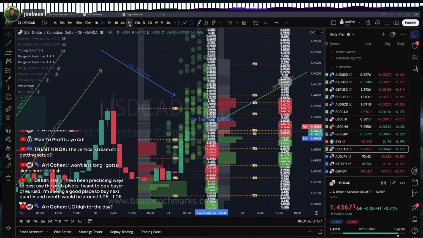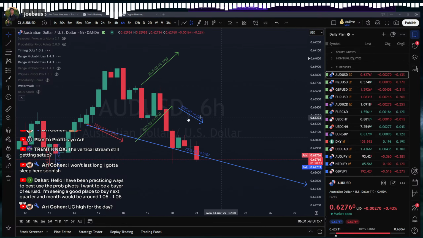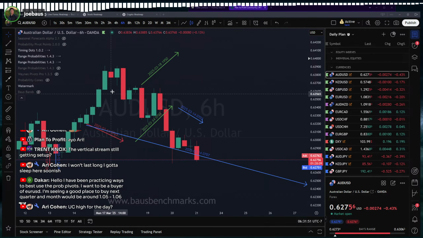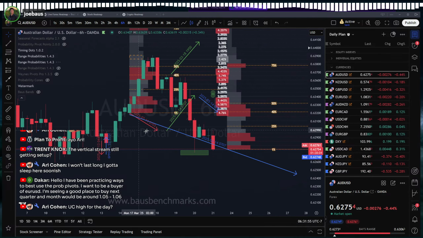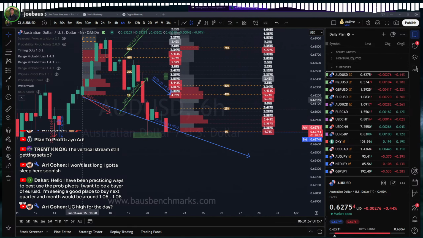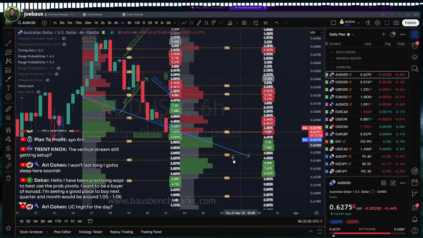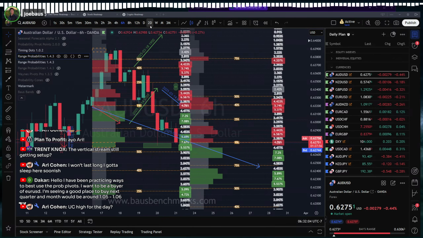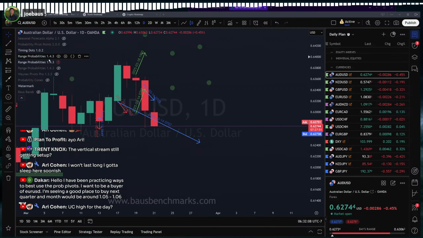I mean, outside of maybe what I pulled up here on the Aussie, right? Which was down and then up, and we had literally the exact opposite thing occur. But this was for the weekly expectation, and then this was for the monthly expectation for us to close way down here. So looks like we're going to match the monthly expectation.